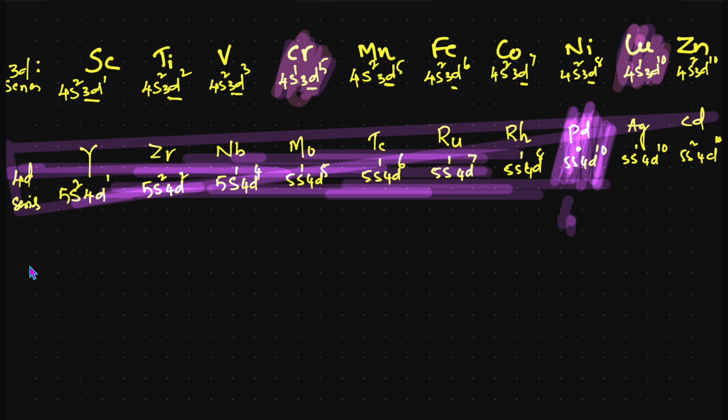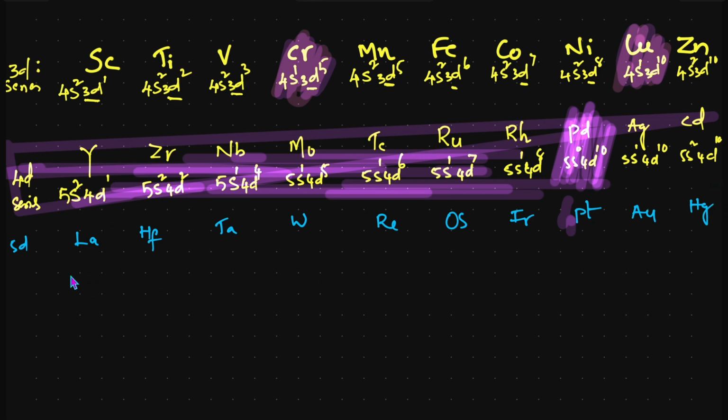Next, the 5d series. The 5d series elements are lanthanum, hafnium, tantalum, tungsten, rhenium, osmium, iridium, platinum, gold, and last comes mercury.